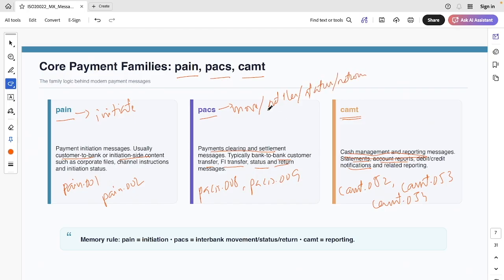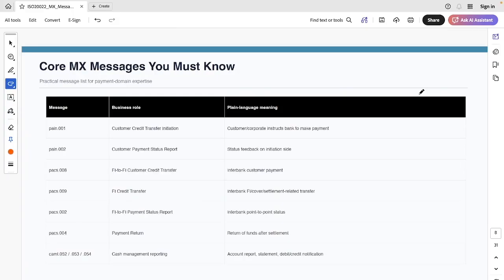And CAMT reports what happened on the account side. So it is basically related to reporting. Okay. Now let us shortlist the core MX messages every payment domain learner should recognize. So you do not need to know every ISO 20022 message in the universe.